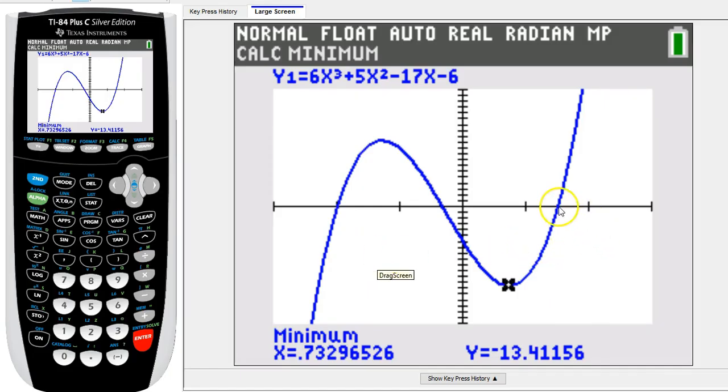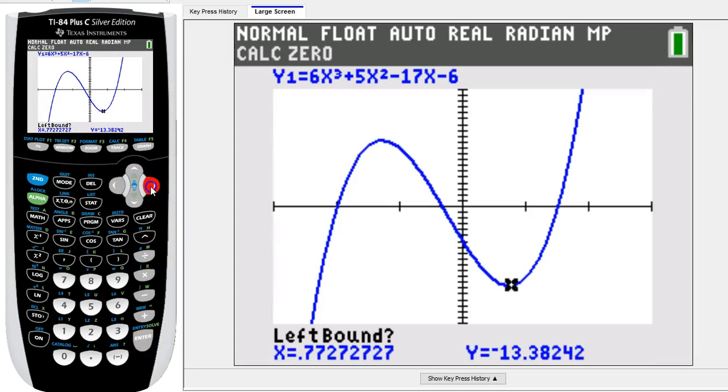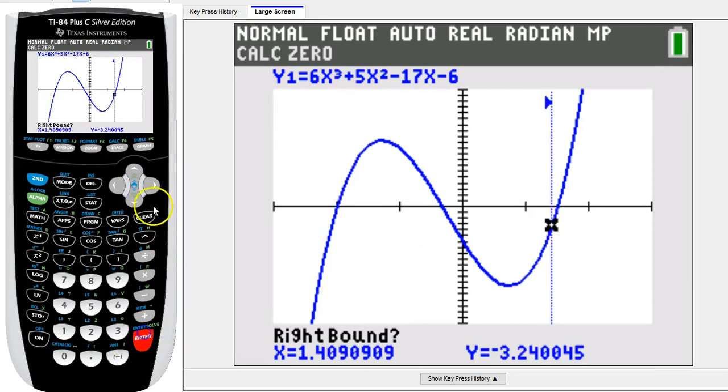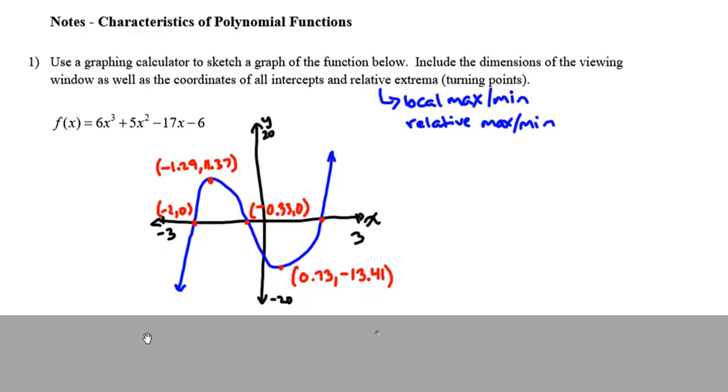Finally, I want to find that 0 right there. And the 0's at 1.5. All right, now we have it.